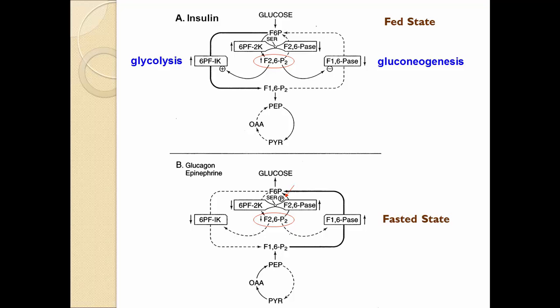So again, glucagon phosphorylates the bifunctional enzyme, so it decreases this enzyme and increases this enzyme, right? And if you still remember, these two enzymes have different functions in terms of the production of fructose 2,6-bisphosphate, right? So the net effect will be decreasing the fructose 2,6-bisphosphate, right?